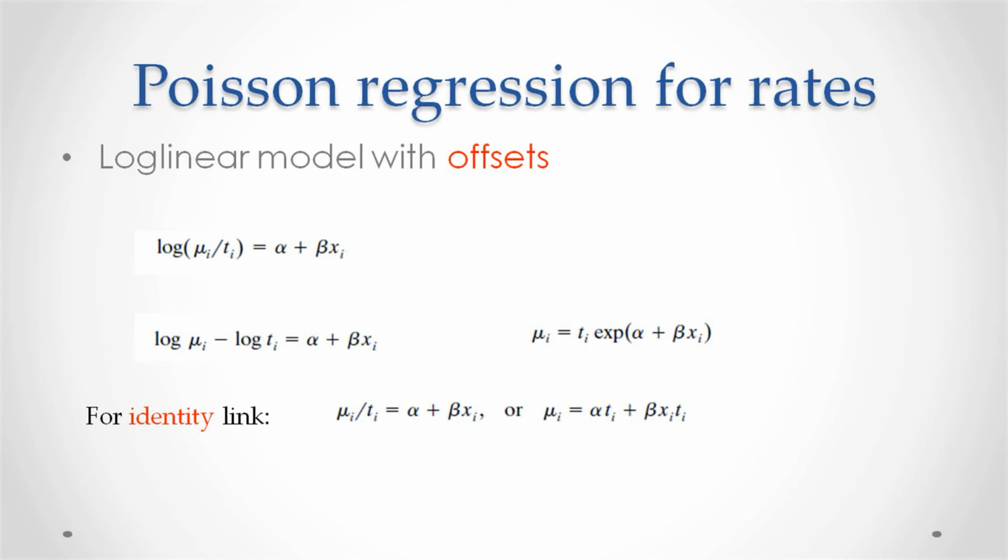This can be handled simply. I leave it as an exercise to you to consider how the iteratively reweighted least squares equations would change for the Poisson regression in the situation where we introduce an offset.